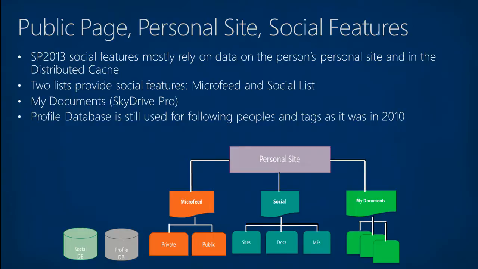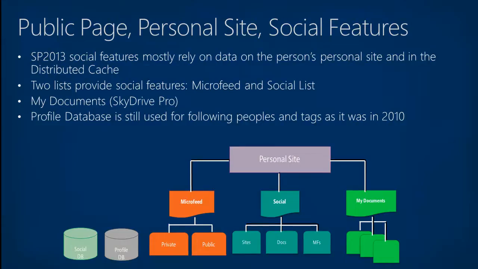In addition, you can also see that the My Documents portion, the SkyDrive Pro, is actually a part of the personal site as well. You'll also notice that we still do have the profile database, and we have the social database. We have the profile database because we continue to use that for things like tracking which colleagues we have.